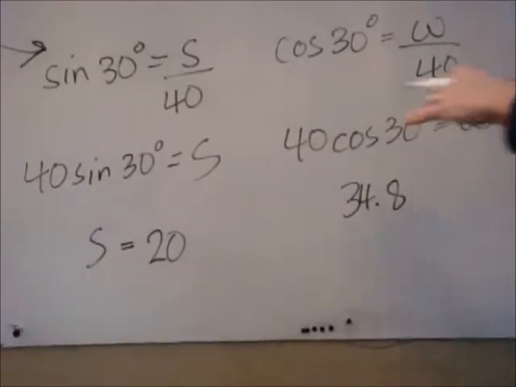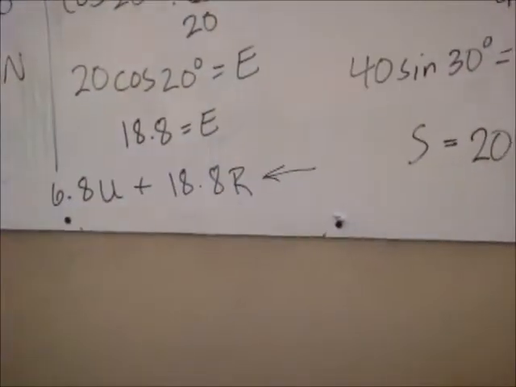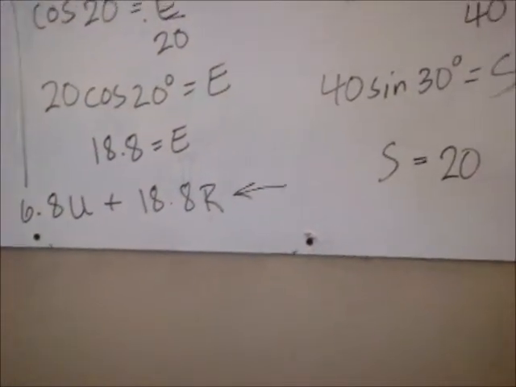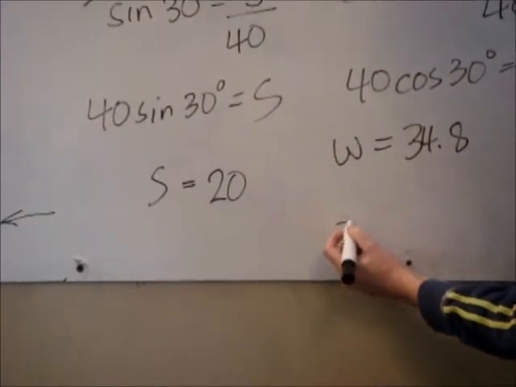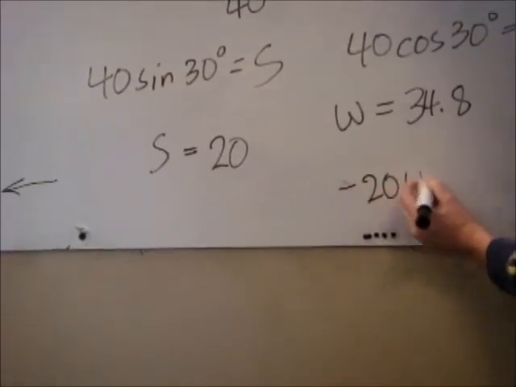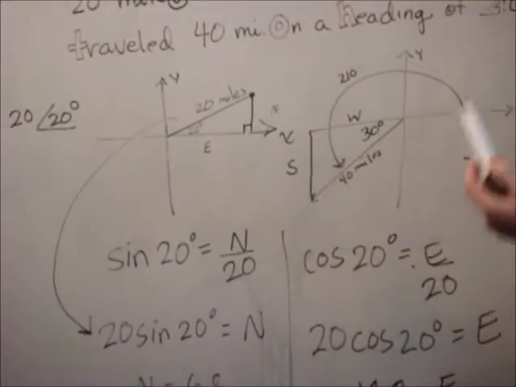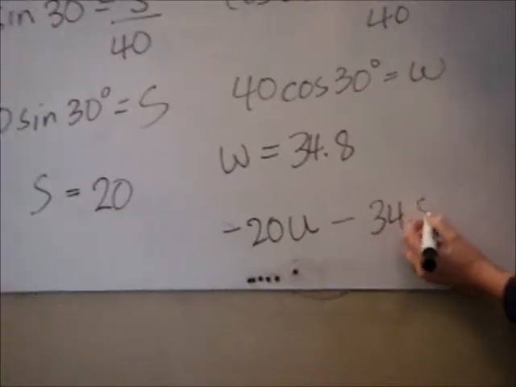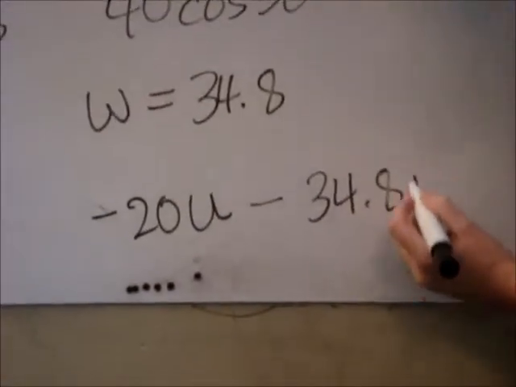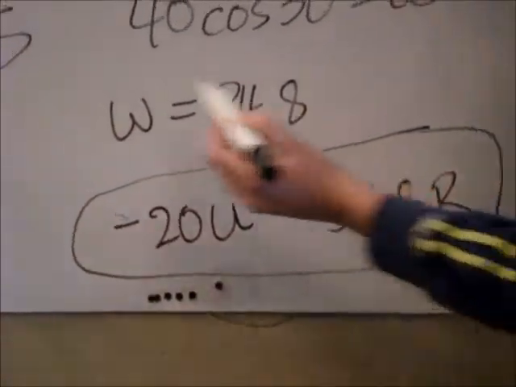And let's put these into our rectangular coordinate numbers. This is our west, so we're going to have negative 20 up, because as you can see over here we went down, so even though we use up it's negative 20, minus 34.8 right. So we have our two different rectangular coordinates.